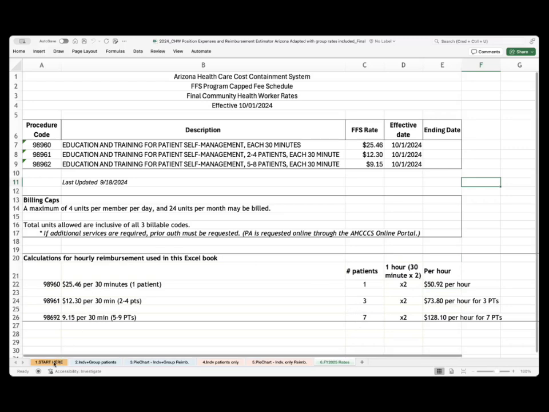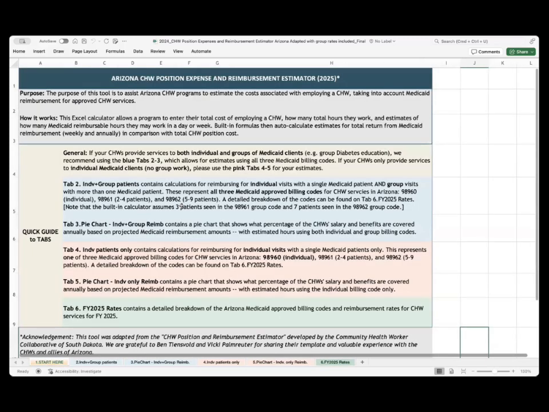So back to our start here, in our first tab, start here. If your CHWs for your organization provide services to both individual and groups of Medicaid clients, for instance, possibly diabetes education or something around hypertension with a group that would all be billable, then we recommend using the blue tabs, so tabs 2 and 3, because those tabs allow for estimates using all three billing codes for individual and for groups.